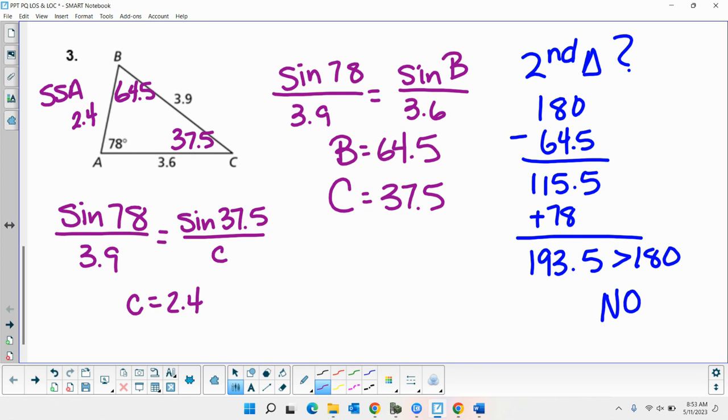Law of sines, when it's side angle, you should check because there might be a second. Even if it doesn't say to find the second triangle, you still should check. Yeah. All right. Anything else?